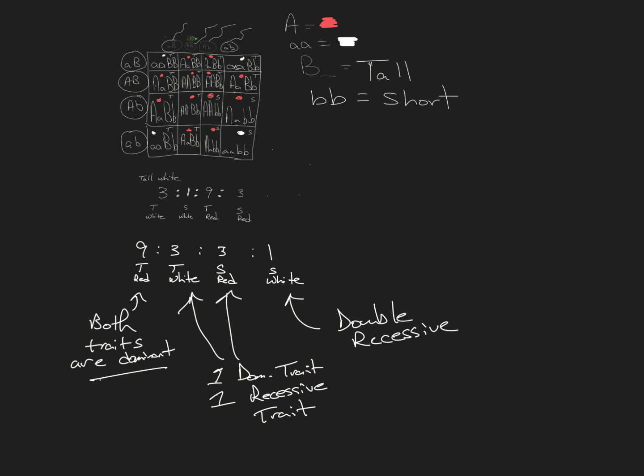So you get 9 to 3 to 3 to 1. That's the ratio you'd expect. The double dominant is going to be the most prevalent. The double recessive is going to be the least prevalent. And then the 1 dominant, 1 recessive is going to be in the middle, as far as frequency, just randomly, just by numbers.